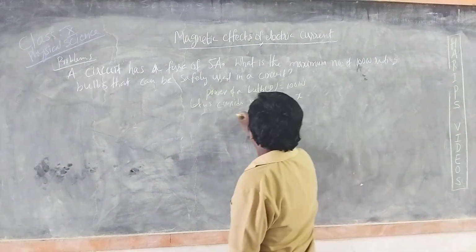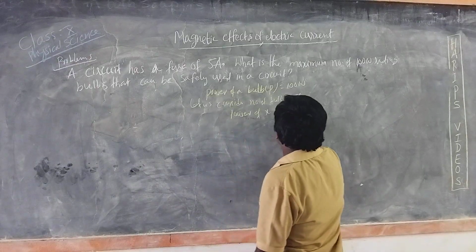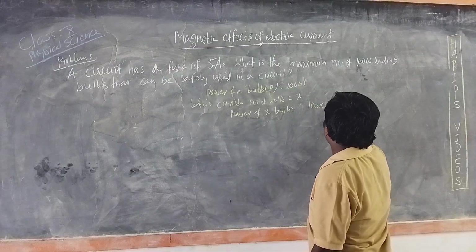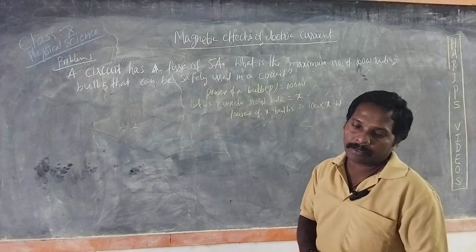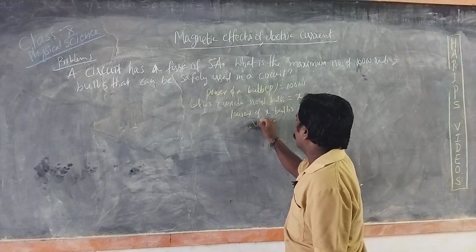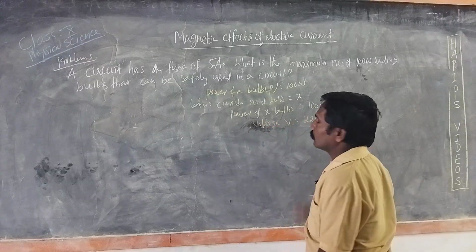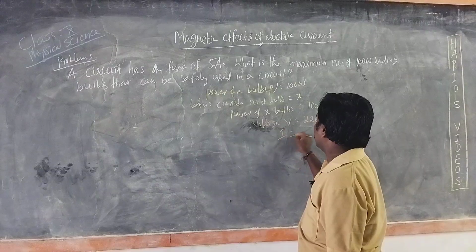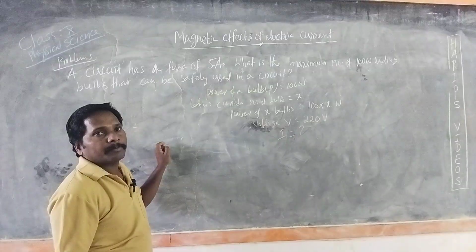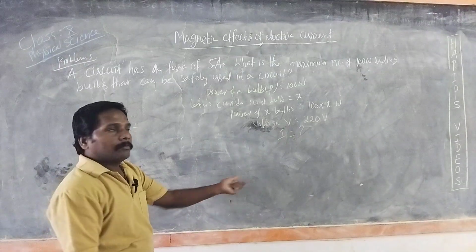So the power of x bulbs is equal to 100 into x watts. Voltage V is equal to 220 volts. Then find out the current. When you know how much current passes through one bulb, then we can find the number.